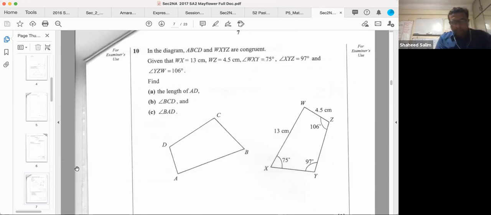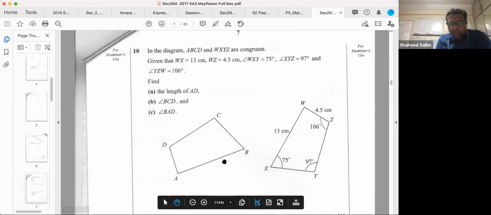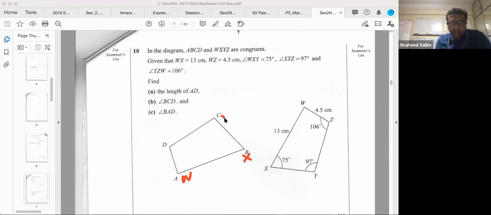Annotate. Okay. So A, B, C, D. So you're using this annotation method. Very good. A is W, B is X, C is Y, D is Z. Okay, then the other side. W is A, X is B, C is Y.